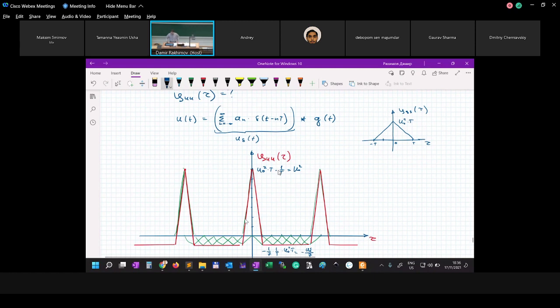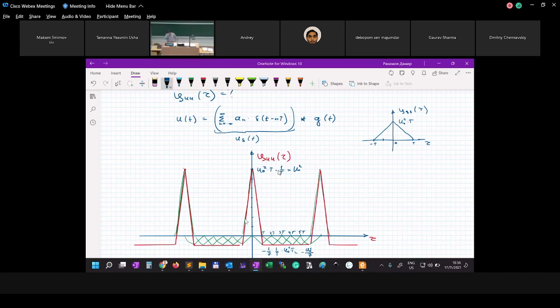This is how the resulting autocorrelation function will look, a periodic sequence of these symbols. And what else can we say?